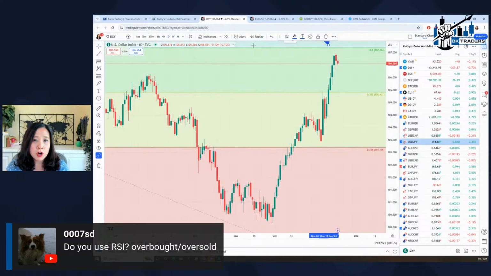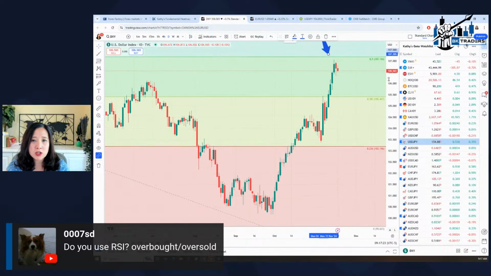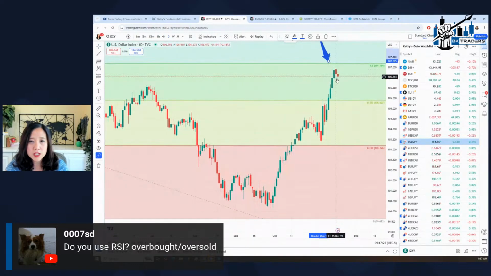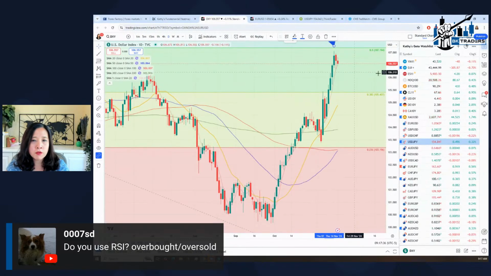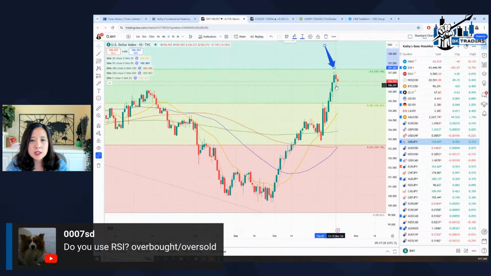If we drill back down to the daily charts, you will see that we're starting to pull back. Now, we didn't quite touch the 50 SMA. If we bring back in my moving averages, let's get rid of some of the other ones so it doesn't distract you.